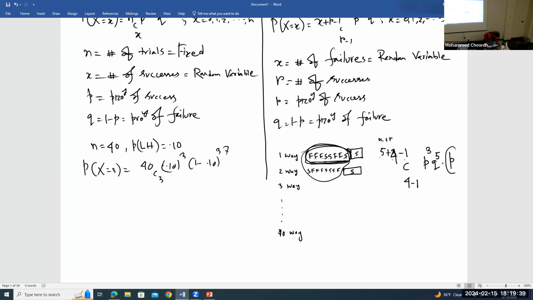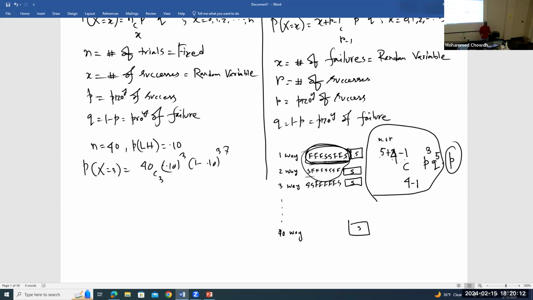When you got that one, you stopped. So this is completely binomial. This is what different arrangements are possible: success, success, failure, failure, failure, failure, failure, failure, success, and then finally success. The last one is always success, right? So the last one is always success, and this part is binomial.